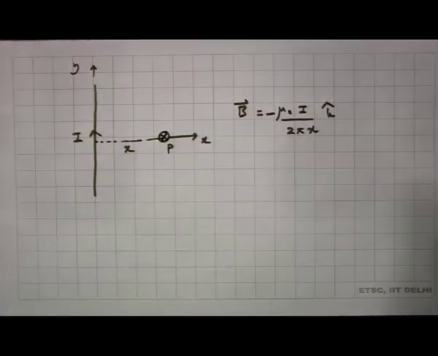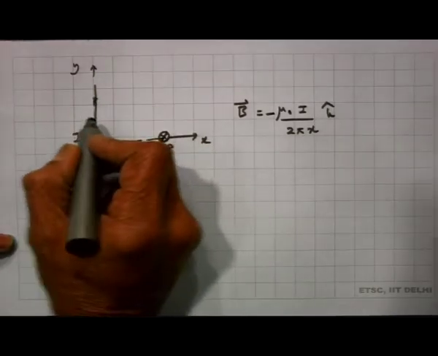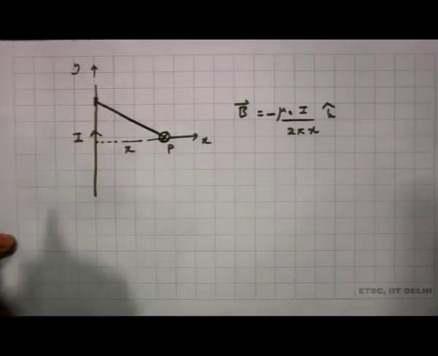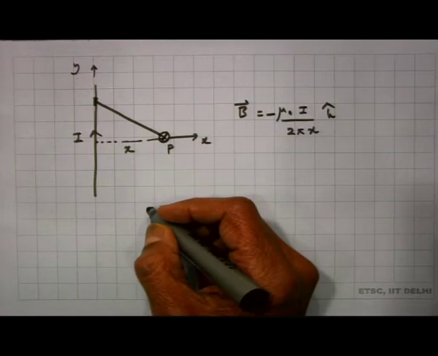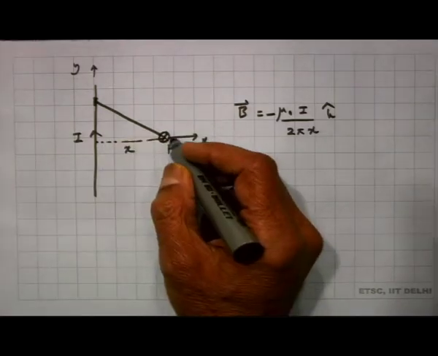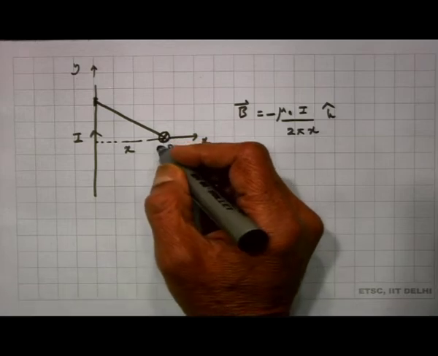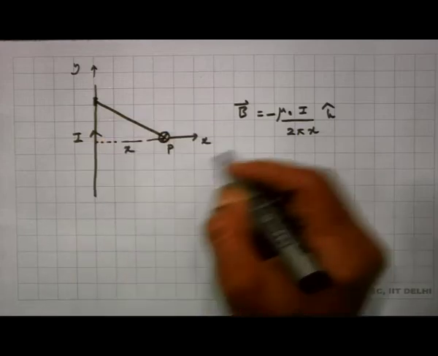We calculated this using the Biot-Savart law by taking a small current element, calculating its magnetic field at this point, and integrating over all current elements. It is interesting to note that all current elements produce magnetic fields in the same direction, so all we had to do was add the magnetic fields due to each element to get the total magnetic field.